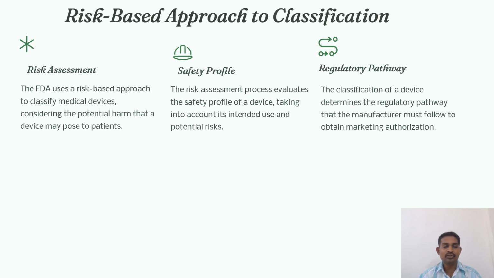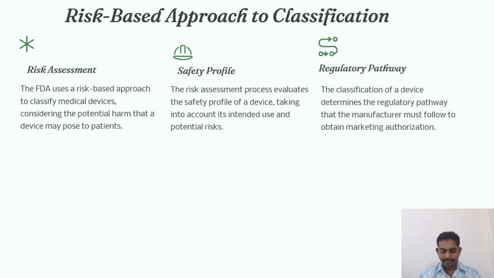The FDA, the Food and Drug Administration, uses a risk-based approach to classify medical devices, considering the potential harm that a device may pose to patients. This kind of risk-based assessment process will evaluate the safety profile of a device, taking into account its intended use and potential risks. The classification of a device will determine the regulatory pathway that the manufacturer must follow to obtain marketing authorization.